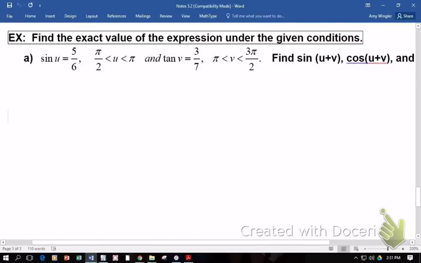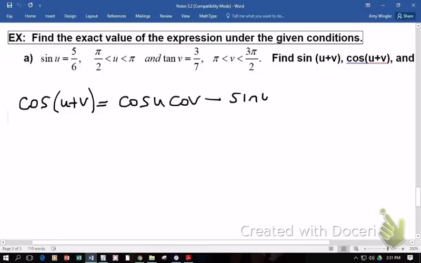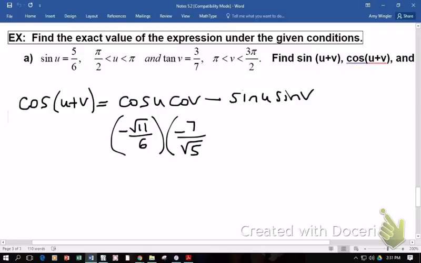You're going to have to use the same two triangles to now find the cosine of U plus V. Using that formula, it's the cosine of U times the cosine of V minus the sine of U times the sine of V. The cosine of U is adjacent over hypotenuse. The cosine of V is adjacent over hypotenuse. Make sure you carry your negatives out with all of this.